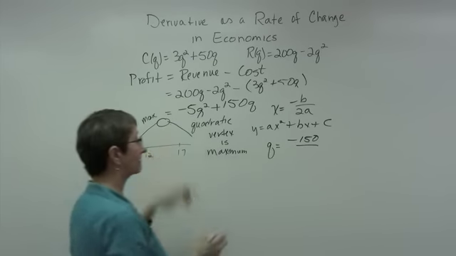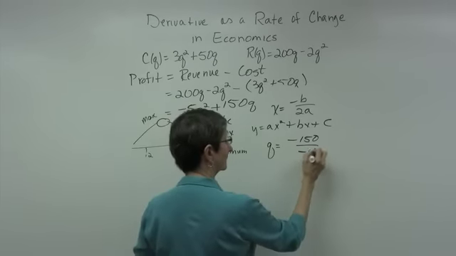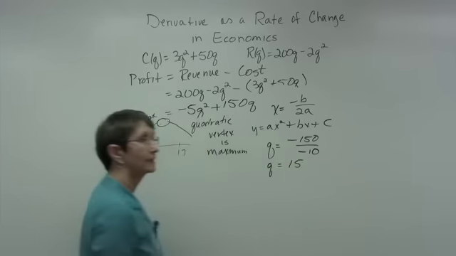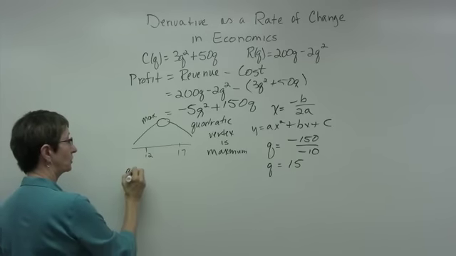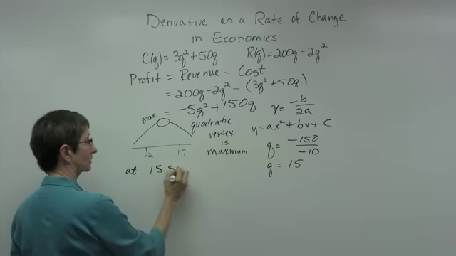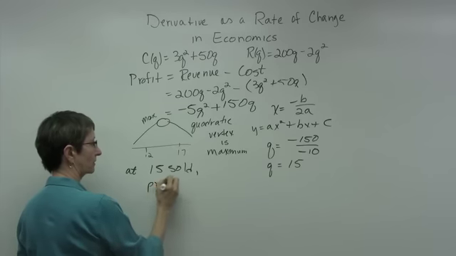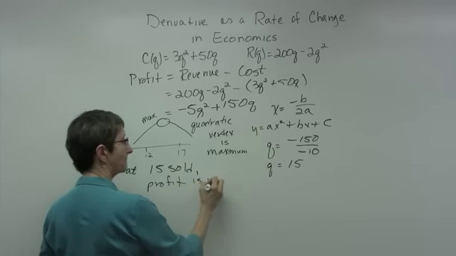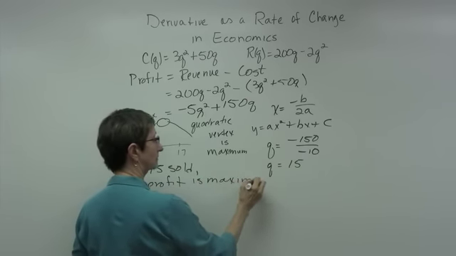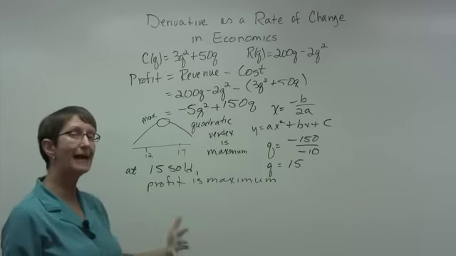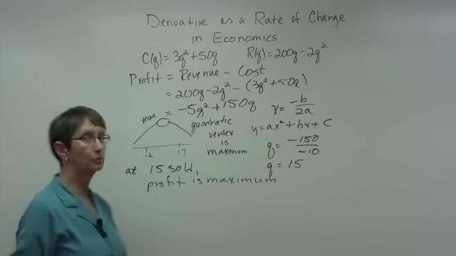A is negative 5. 2 times that would be negative 10. So my q value is 15. So at 15 units sold, profit is maximum. So you plug in 15 in here and you'll find out what your maximum profit is for this particular function.